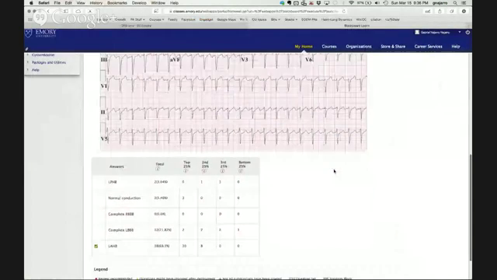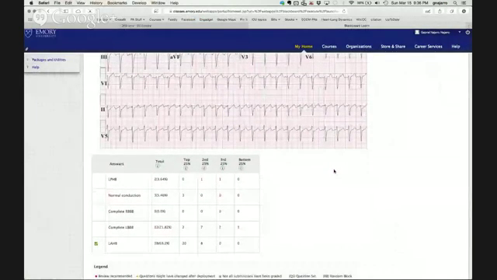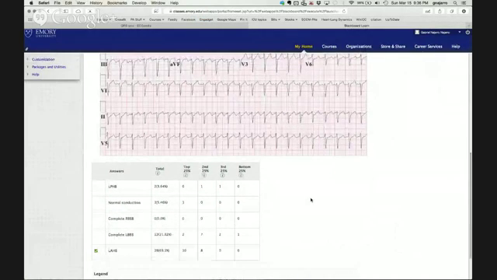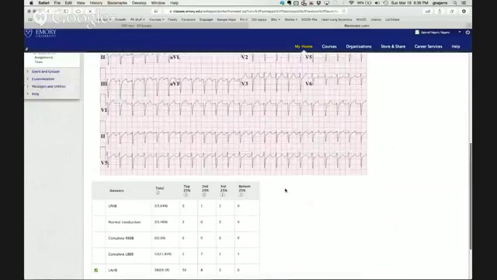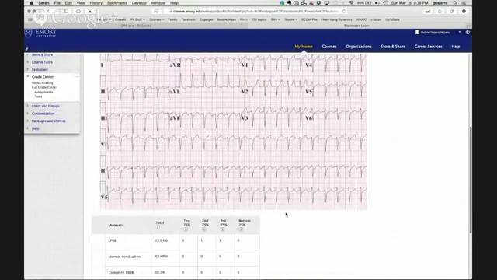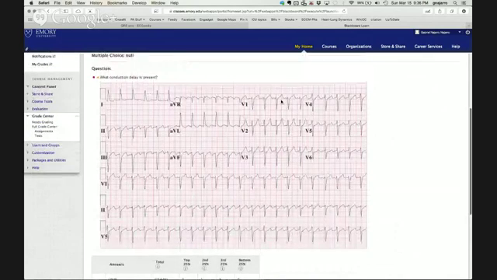So that's why this one is left anterior hemiblock. Some of you answered left bundle branch block, but again, this isn't greater than 0.12, so it doesn't meet criteria for that. This isn't normal conduction because we just talked about how it's slightly wide, and posterior is the opposite of what we're showing here. All right, so let's move on to the next.